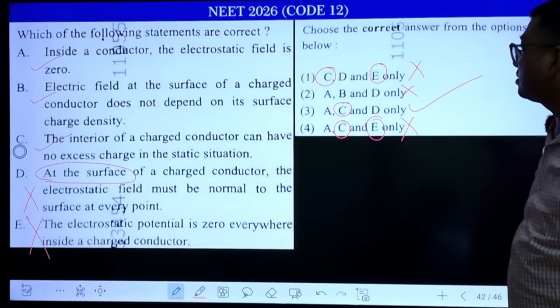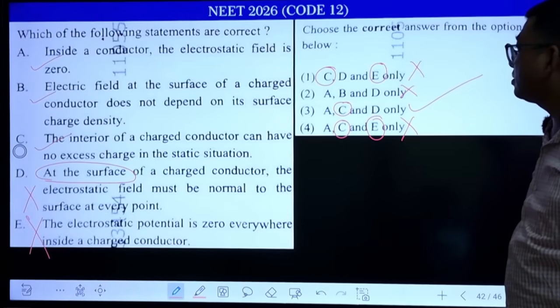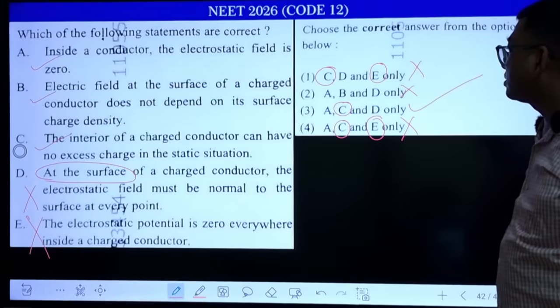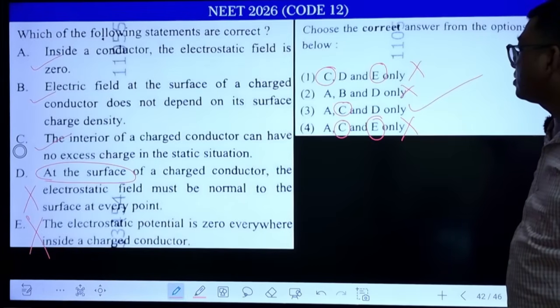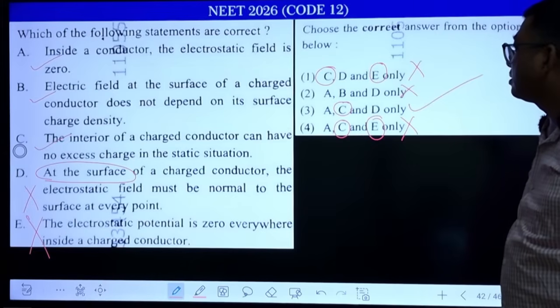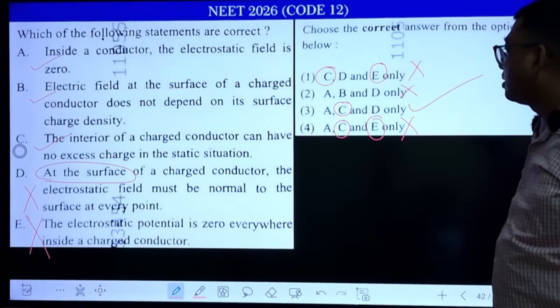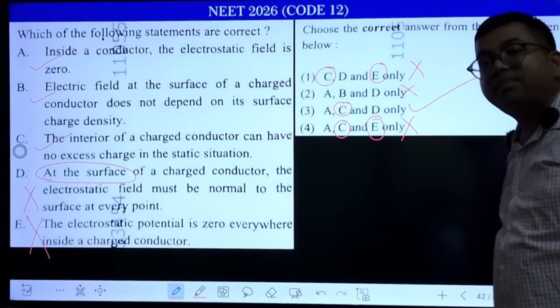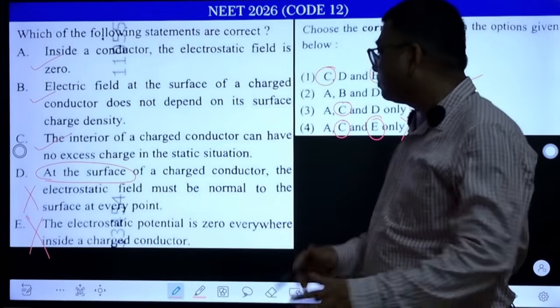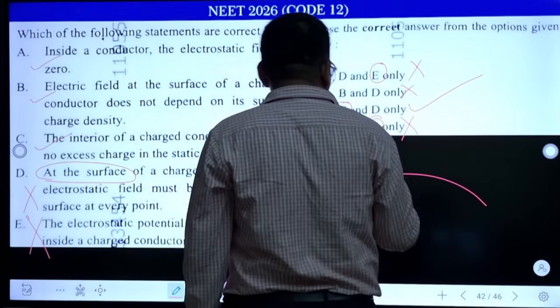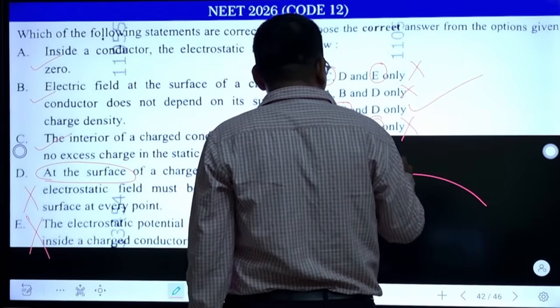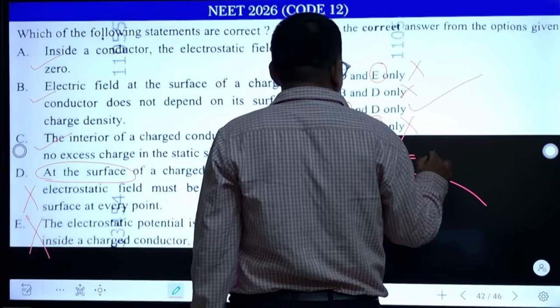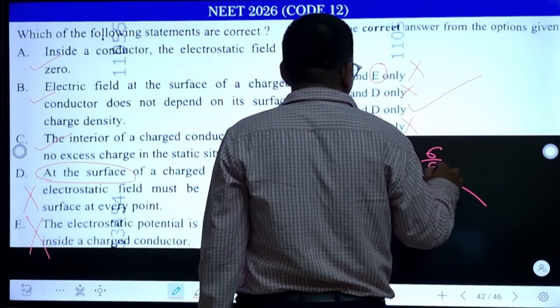Electric field at the surface of a charged conductor does not depend on its surface charge density. That means that one is wrong. I think they are taking the nearby point to the surface, because at the surface it is not defined. But at a nearby point, the electric field is given as sigma by epsilon naught n cap.